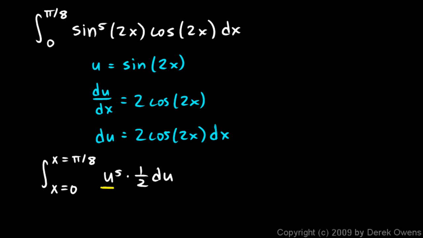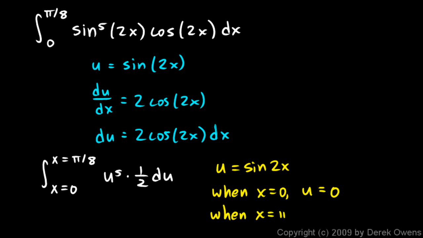And now I look and I see that I have a u and a du here, which is good, but the limits are x values. So what I'll do now is change the limits to u values, and here's how I do that. u is equal to sine 2x. That's just the substitution I had before. So when x equals 0, u is equal to the sine of 2 times 0, which is just 0.